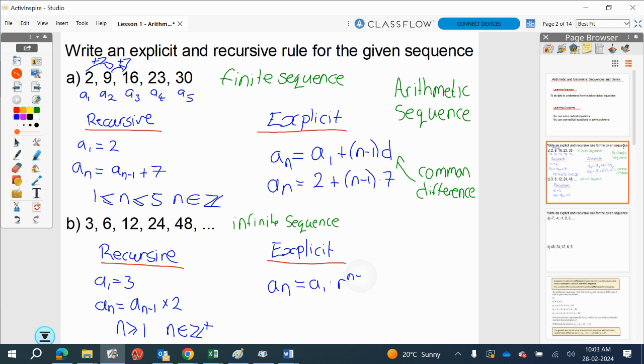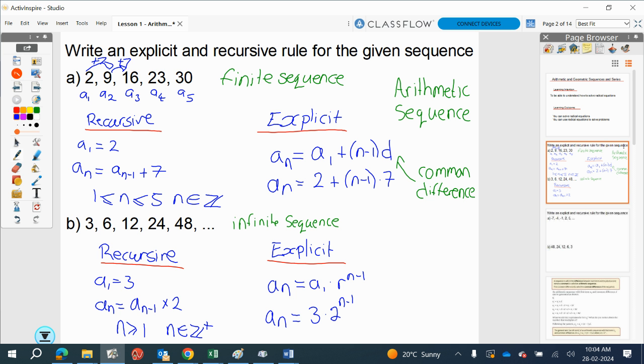We need n minus 1 lots of the common ratio, because at the first term we need to multiply by 1, so r to the 0 is going to be 1. We don't want to move. We only want to move 1 forward through the sequence on n equals 2. So it's n minus 1 again. So our nth term in the sequence is the first term times 2 to the n minus 1.